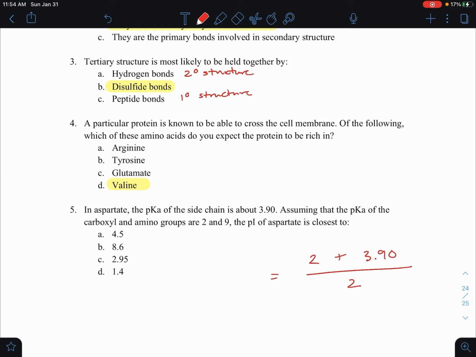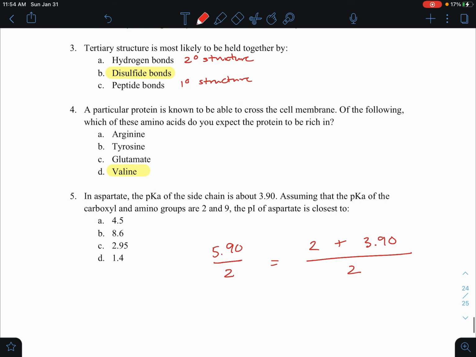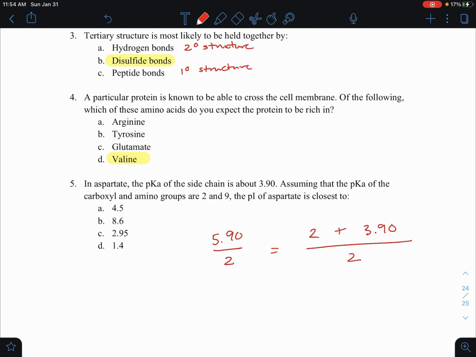And so that gives you 5.90, divide that by 2. Again, not the best at math, but it should be about 2.95, which is answer C.